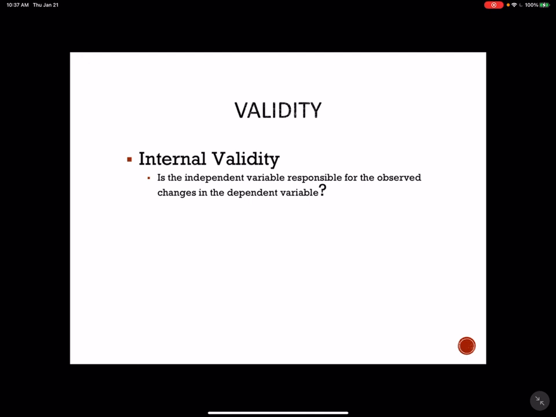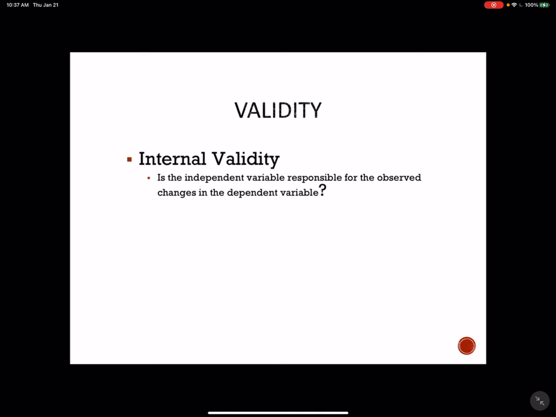So do we think that the dependent variable, the outcome variable, changed because we changed the first variable?